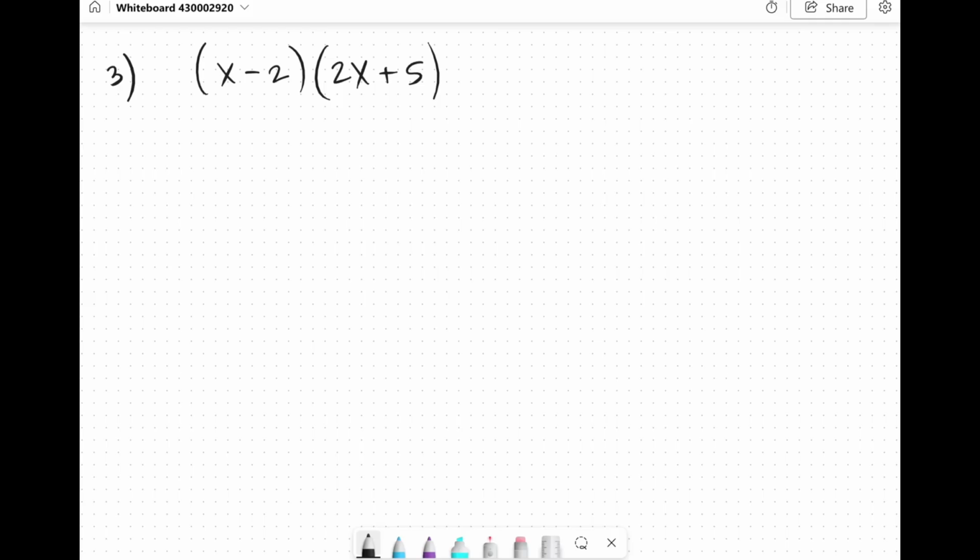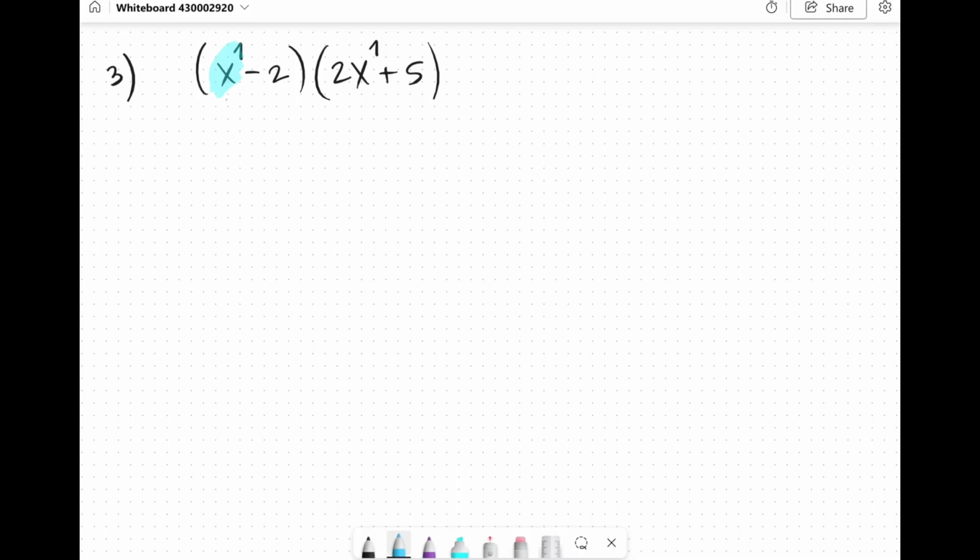Here is the multiplication of two binomials. Each is linear because the degree is 1. This problem is requiring you to do the same work we did in number 1 and number 2, but twice. First, you will do it with this x to the power of 1.